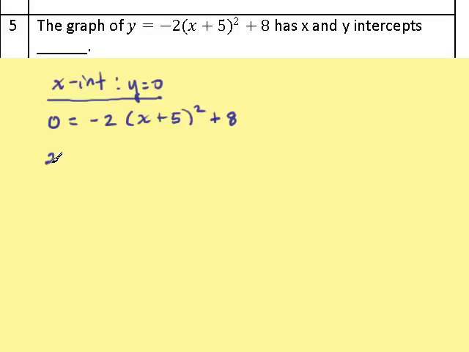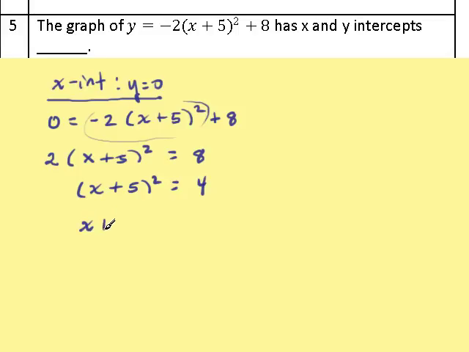So that would be 2 times (x plus 5) squared is equal to 8. So basically I just added this whole thing to both sides. Now divide both sides by 2, and we have (x plus 5) squared is equal to 8 divided by 2, which is 4. Now square root both sides, and we have x plus 5 is equal to plus or minus 2, and we'll split that up.